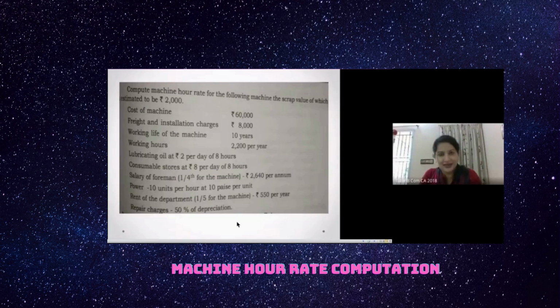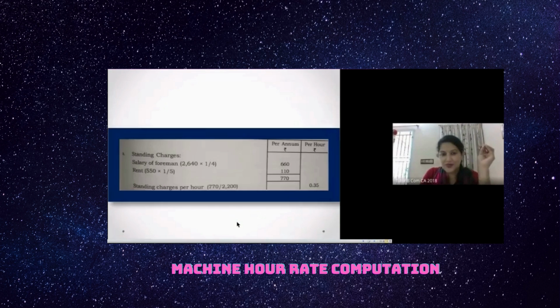It's a standing charge. So what did we do? 550 into 1/5, which gives us the standing charge for computation of machine hour rate for this particular machine, a total of 770 per annum.